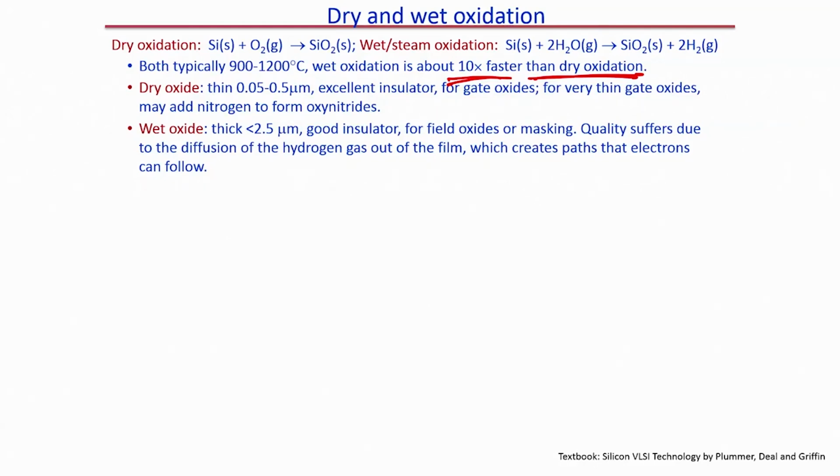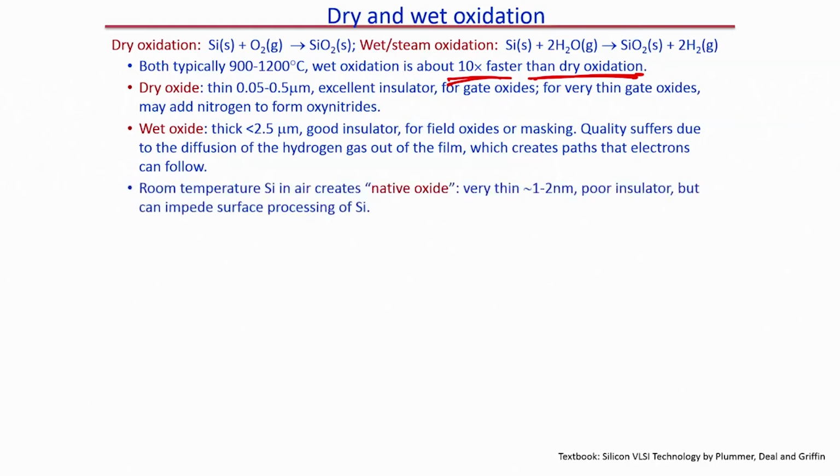So, there is hydrogen gas which diffuses out of the film, creating a path that electrons can follow. This is the drawback of wet oxide.